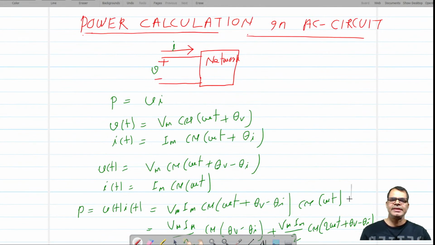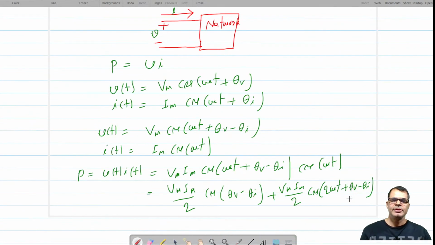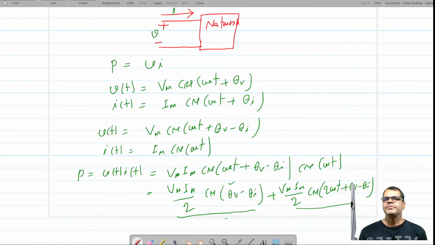You can clearly see that this part is an average value because it is constant for given theta V and theta I. This other part is sinusoidal, varying with twice the frequency. So objective questions can come: the power varies at twice the line frequency.